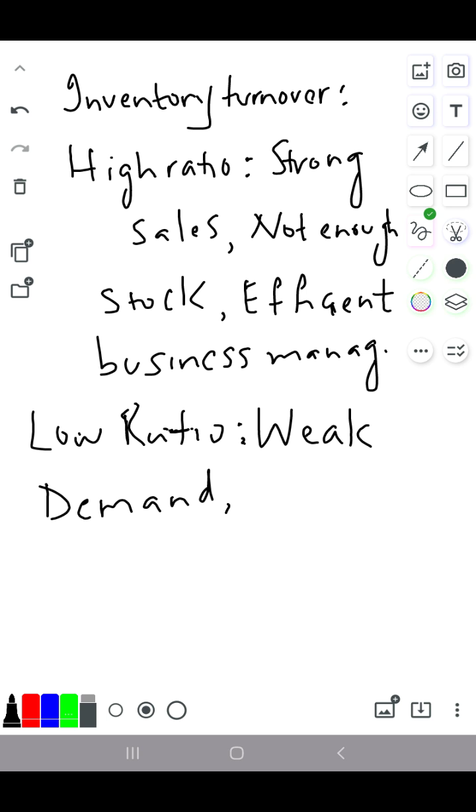A low ratio may indicate overstocking, so maybe you're buying too much inventory, buying more than what you can sell.